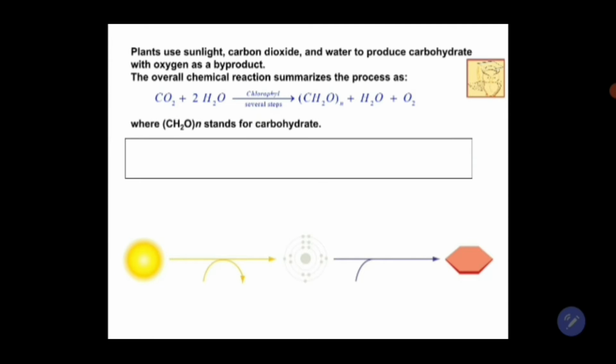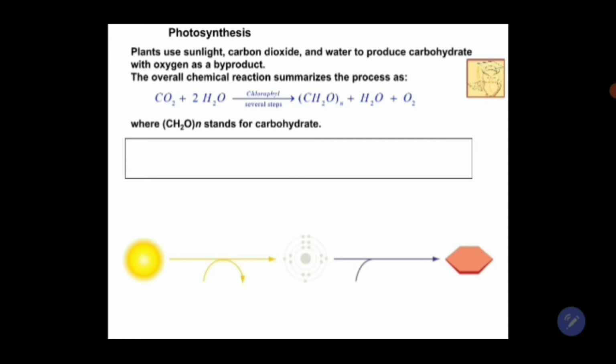Another important reaction highly related to photochemistry is photosynthesis. Photosynthesis is the primary source of energy utilized by living beings. Plants use sunlight, carbon dioxide and water to produce carbohydrate with oxygen as a byproduct.